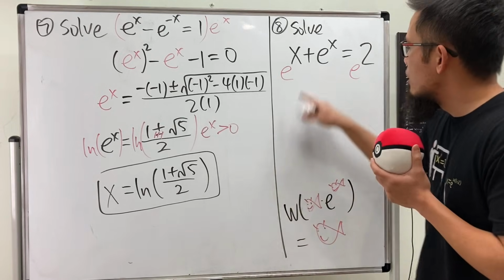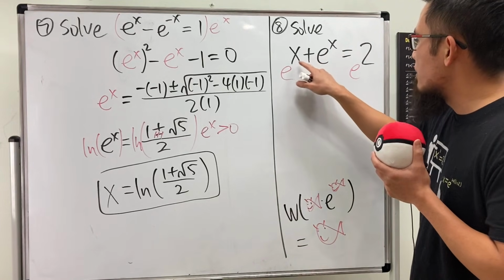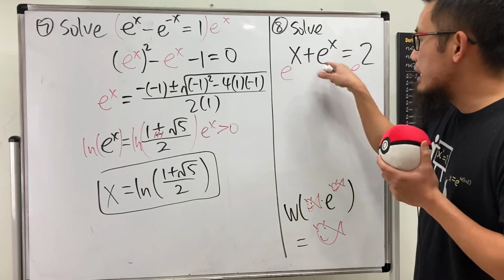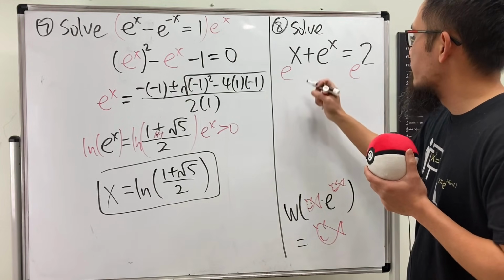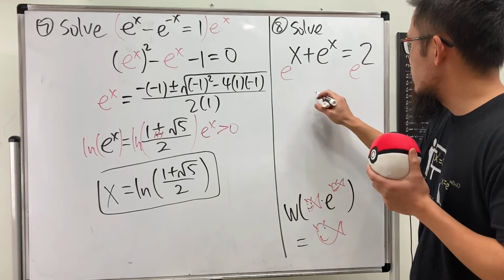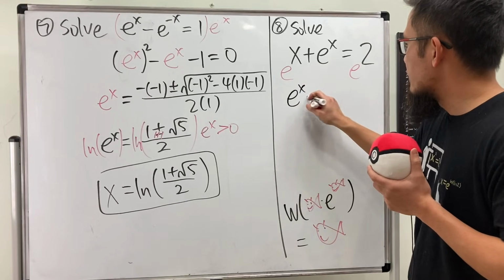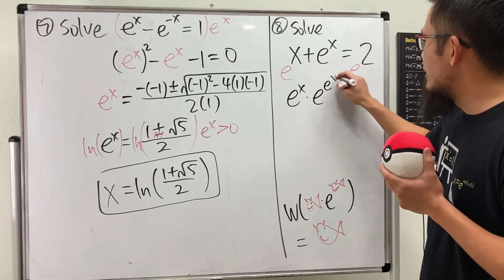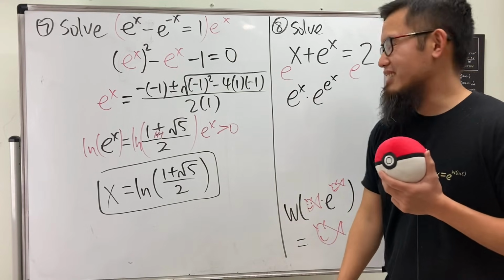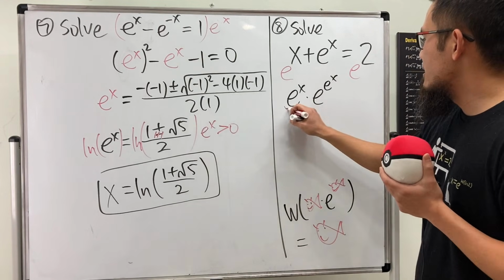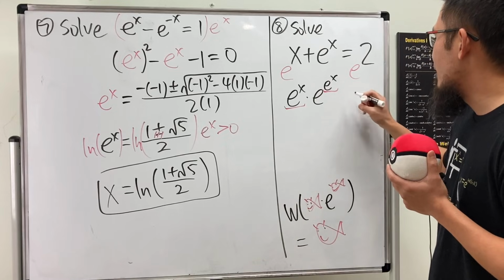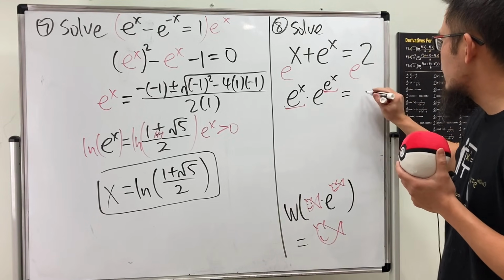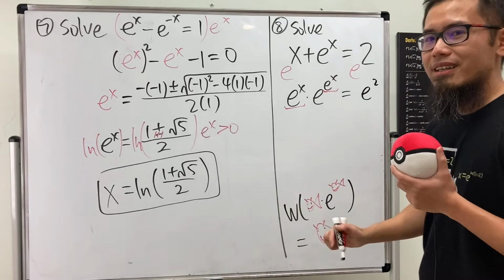Have a look. Because we have the sum, this is in the exponent, so this right here becomes e to the x, this part is just e to the x, times e to the e to the x, isn't it? Yes, it is. And you see this and that are the same now, and the right hand side is equal to e to the second power.